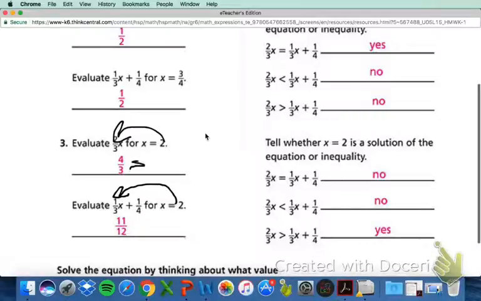You can turn this into 16/12, right? And 16/12 compared to 11/12 is not equal, not less than, yes, it's greater than. 16/12 is greater than 11/12. Okay.